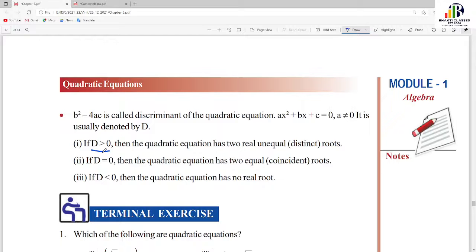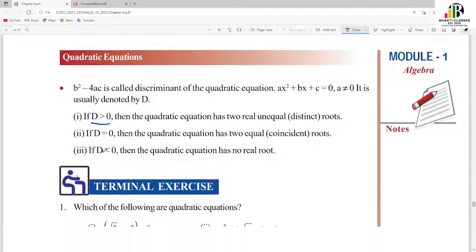Second is, if D is equal to 0, then the quadratic equation has two equal roots. And if D is less than 0, then the quadratic equation has no real roots. So all these things we have learned in this unit.